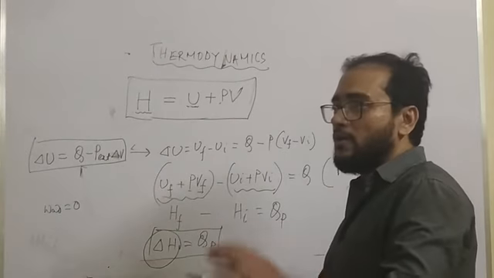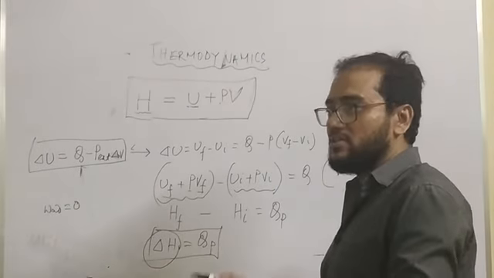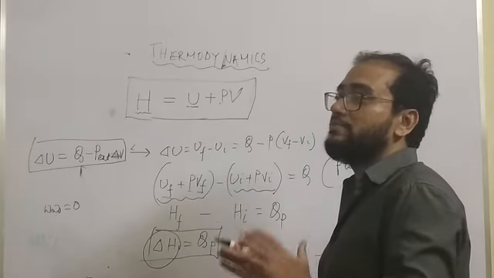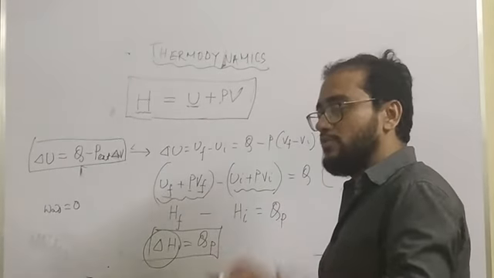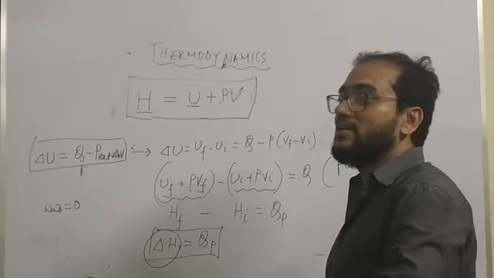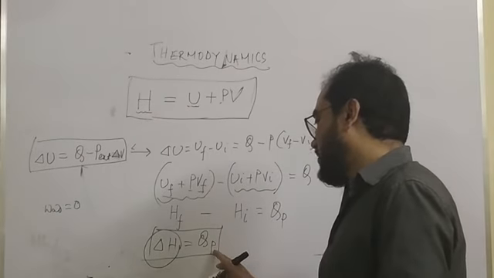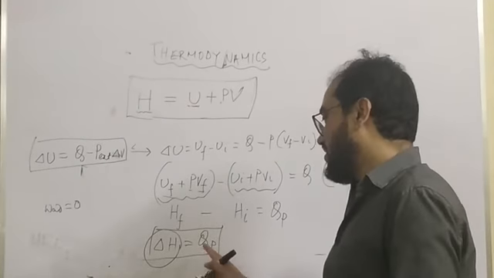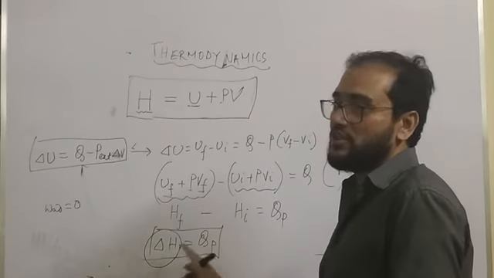What is that? All the constant pressure processes, all the processes or changes, physical or chemical, that we carry out keeping pressure constant. The heat change during those changes is actually the enthalpy change of the system.